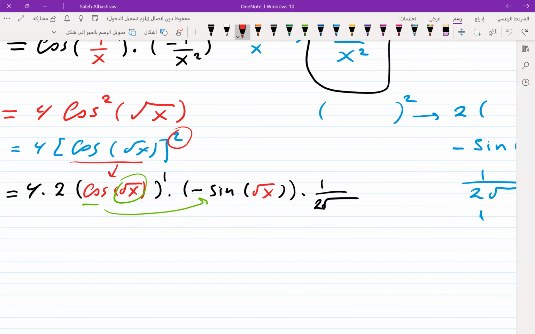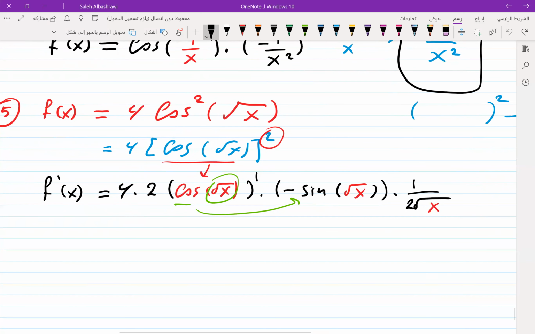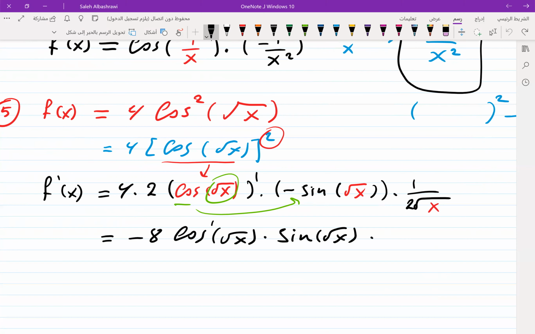In the third step, we differentiate the square root, which is 1 over 2, and what is inside will be kept there inside. So the derivative is equal to minus 8 cosine to power 1 of square root of x multiplied by sine square root of x multiplied by 1 over 2 square root of x.